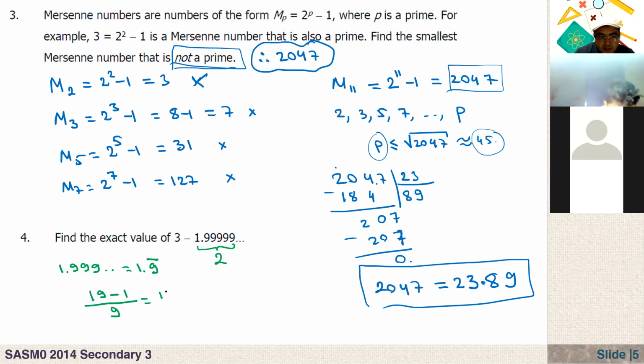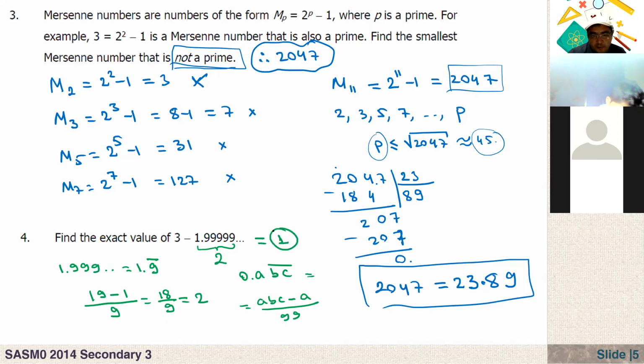So that's equal to 18 over 9, which is equal to 2, right? In general, for 0.A B C with BC repeating, it is ABC minus A over 99. Anyway, that's equal to 2. So 3 minus 2 is equal to 1.